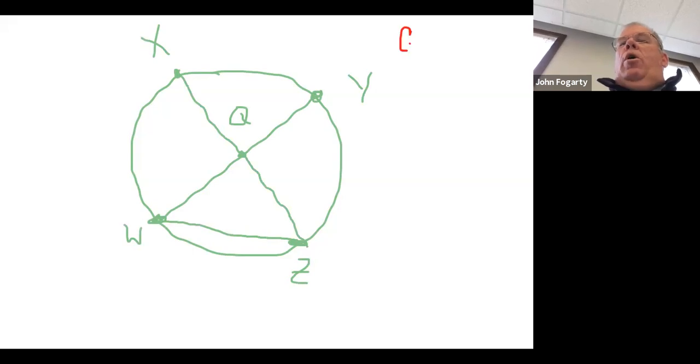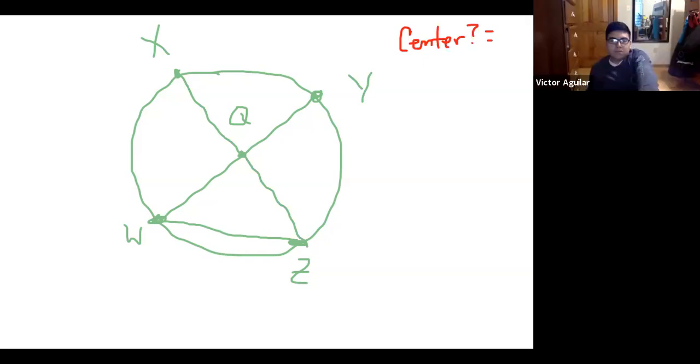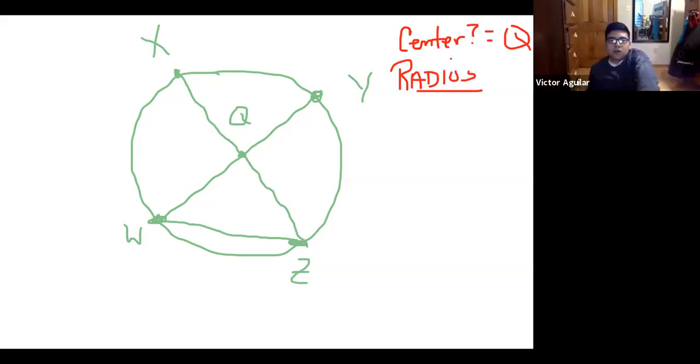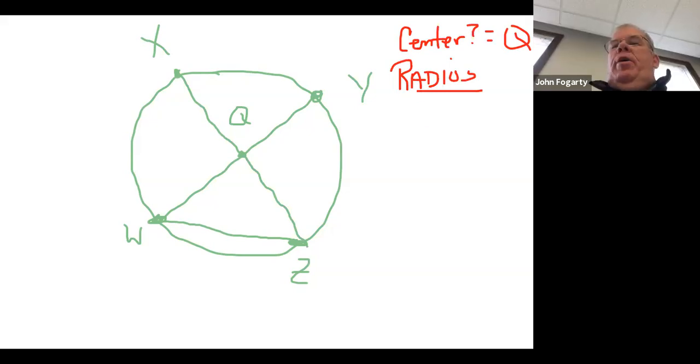What is the center of this circle? Q. Very good. Somebody give me a radius. QY. Segment QY. Very good. Somebody give me another radius.